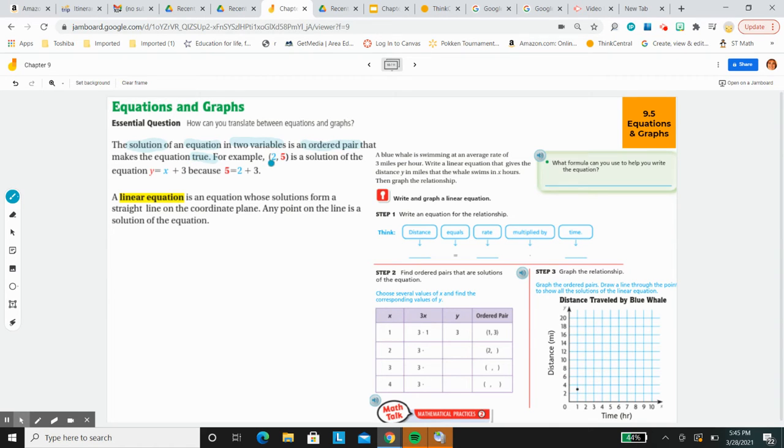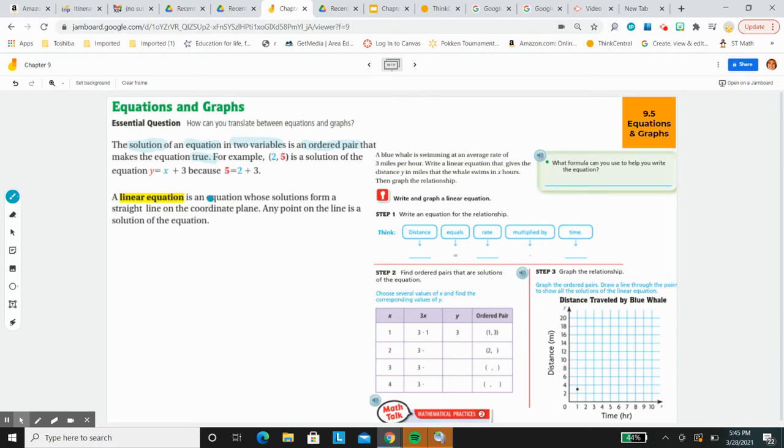For example, (2, 5), with 2 being my independent, is a solution of the equation y equals x plus 3, because 5 is equal to 2, being my x, plus 3. Okay? We have a vocabulary word today. That word is linear equation.